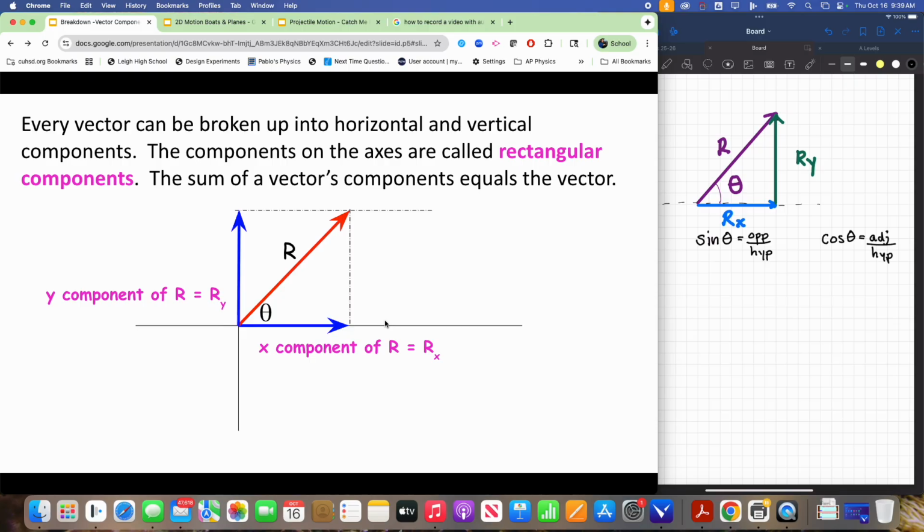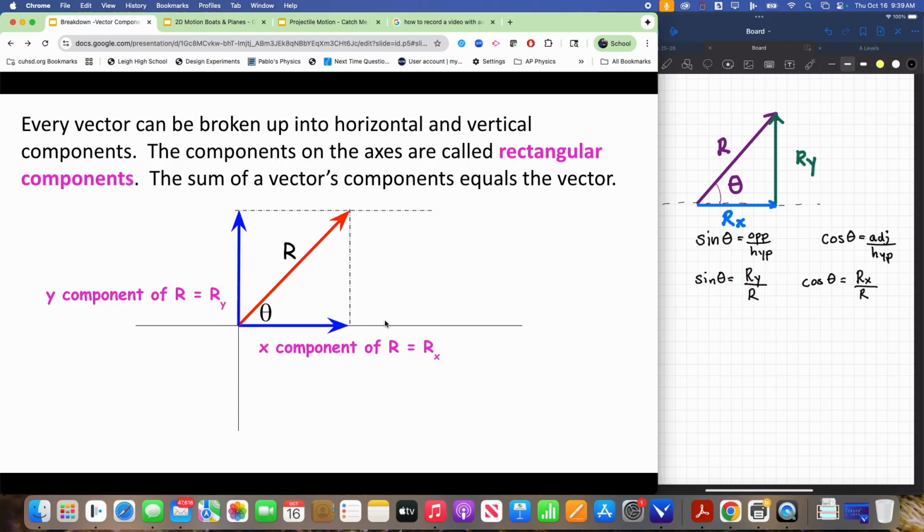So when I'm looking at just the angle theta, sine of theta is equal to our opposite side, ry, over the hypotenuse, which is called r, and cosine of theta is our adjacent side, rx, over our hypotenuse, R.